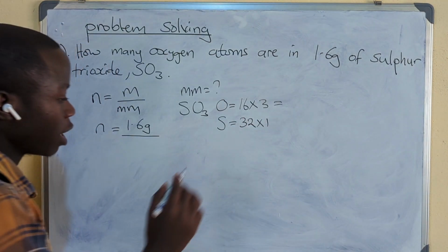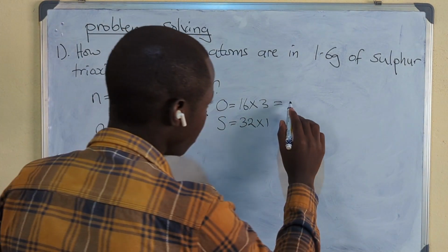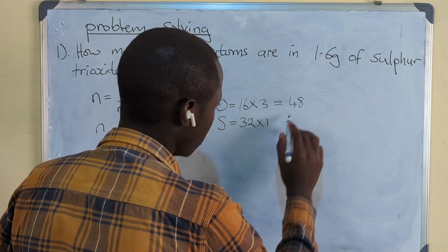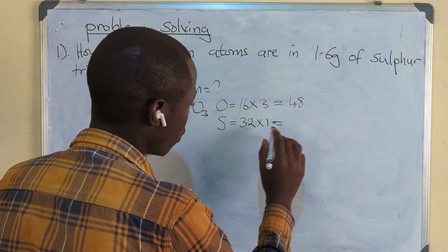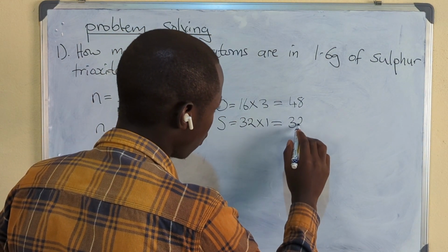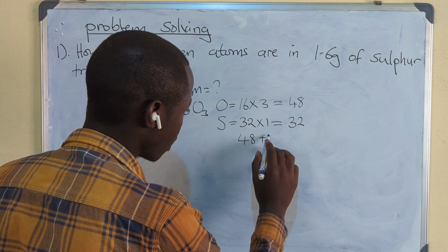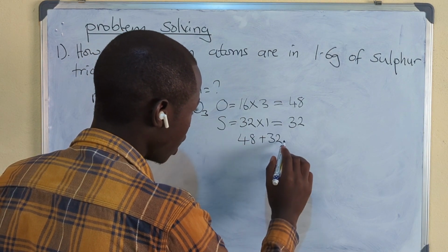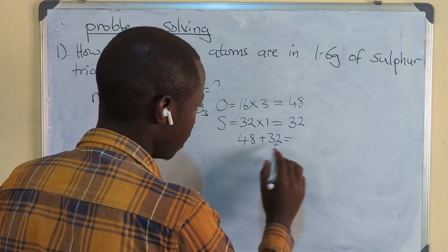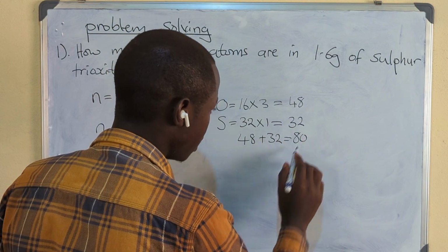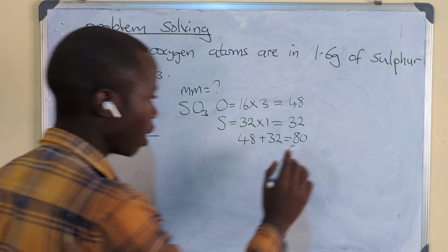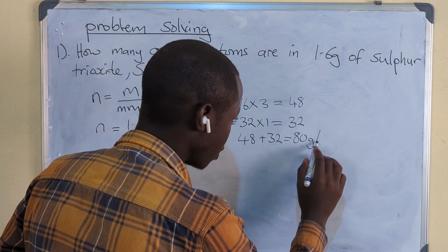So 16 multiplied by 3 is 48. 32 multiplied by 1 is 32. We then find the sum of these two figures. 48 plus 32 is 80. And the SI unit for molar mass is grams per mole.